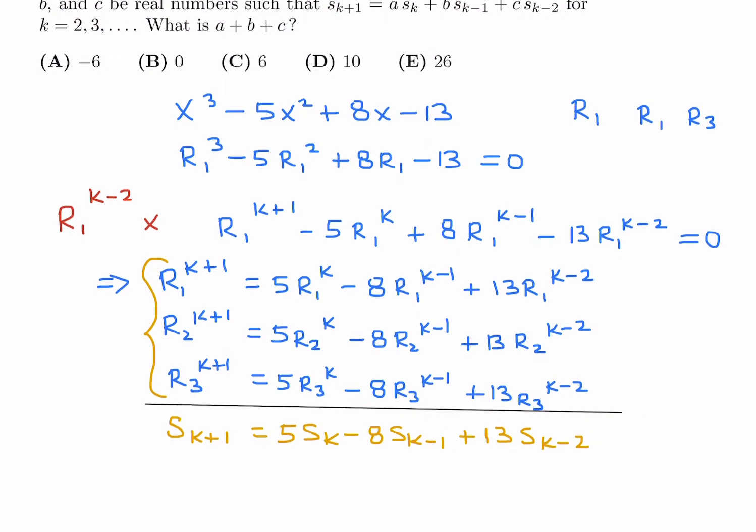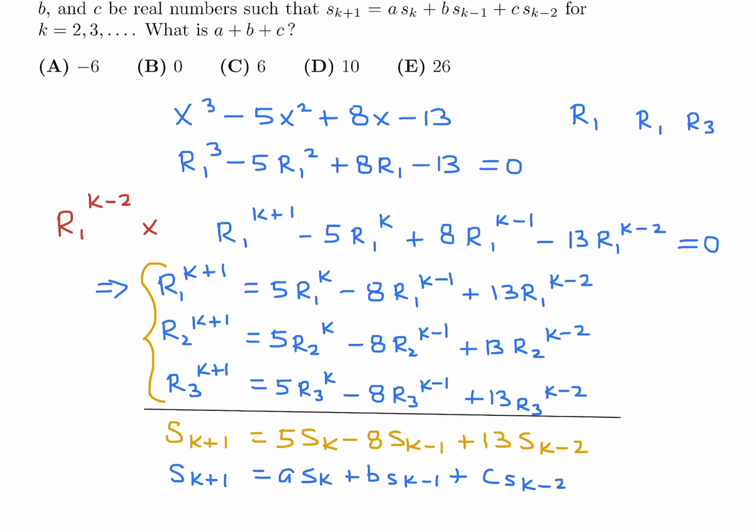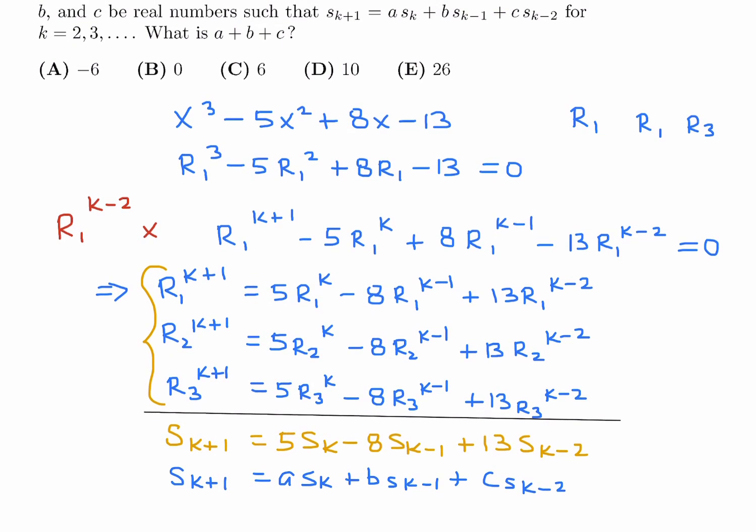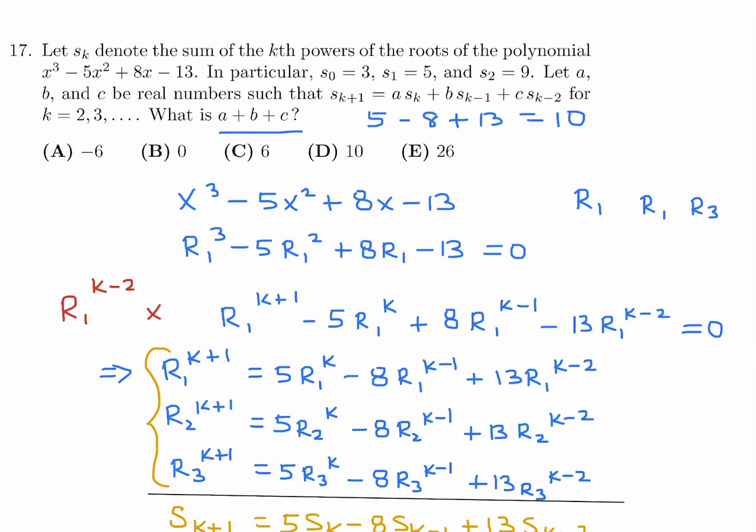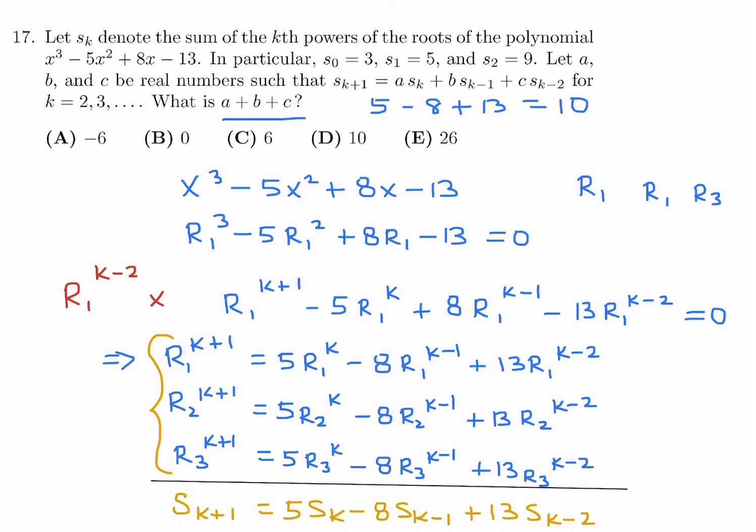I'll just write it right below: Sk plus 1 equals A Sk plus B Sk minus 1 plus C Sk minus 2. So in comparison, A is 5, B is negative 8, and C is 13. So they wanted A plus B plus C, so that's going to be 5 minus 8 plus 13, and that is 10. So number 17, the answer is D.